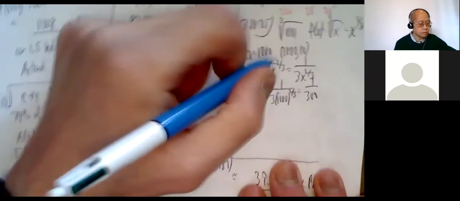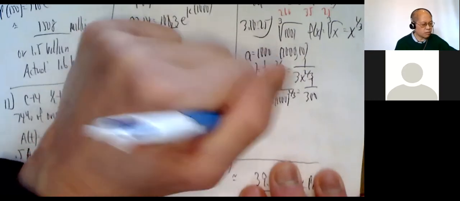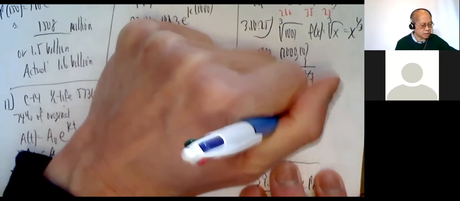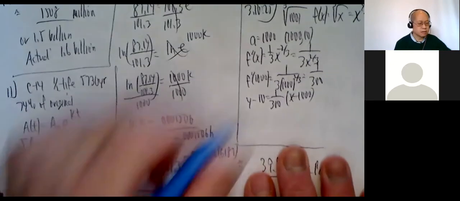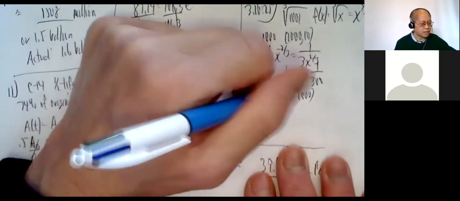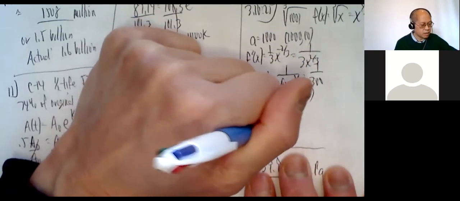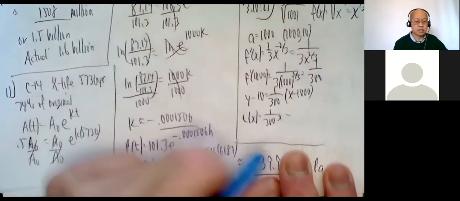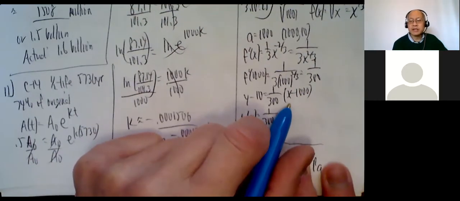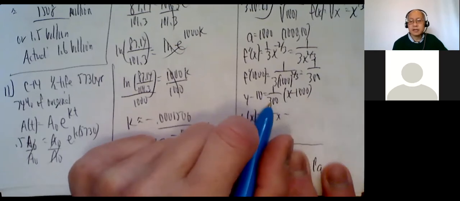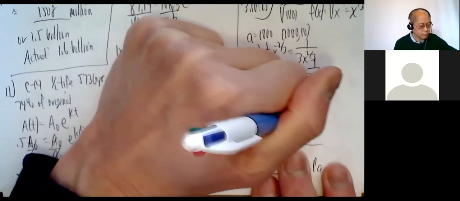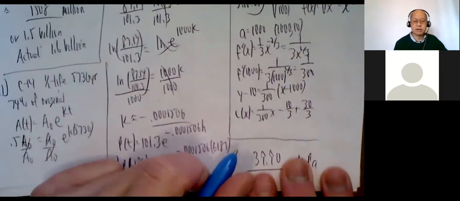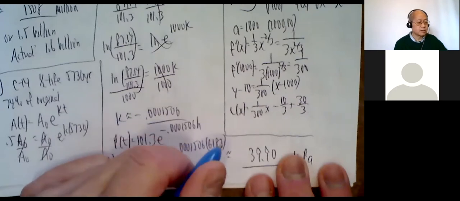So 1/300. So y − y1, y − 10 equals m times (x − 1,000). So my L(x) is 1/300 x. This is a little bit clumsy. Minus, let's see, 10/3 plus 10, 30/3, which is 20/3.